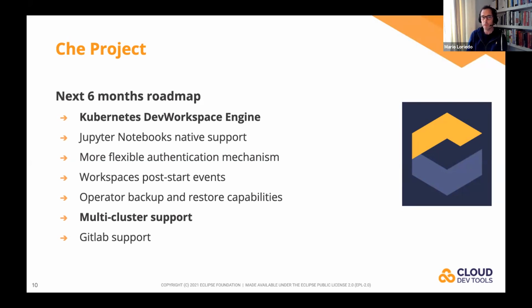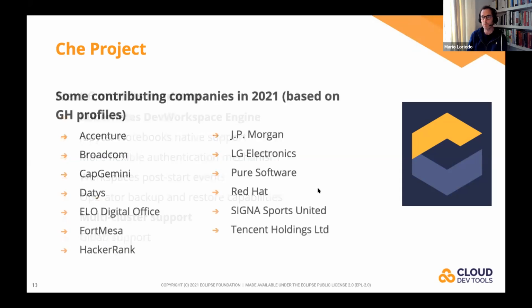So briefly, after this roadmap slide, I've added a slide with the contributors that we have seen in GitHub in the last four months. These are the companies that I found, based on GitHub profiles and based on activities on GitHub.